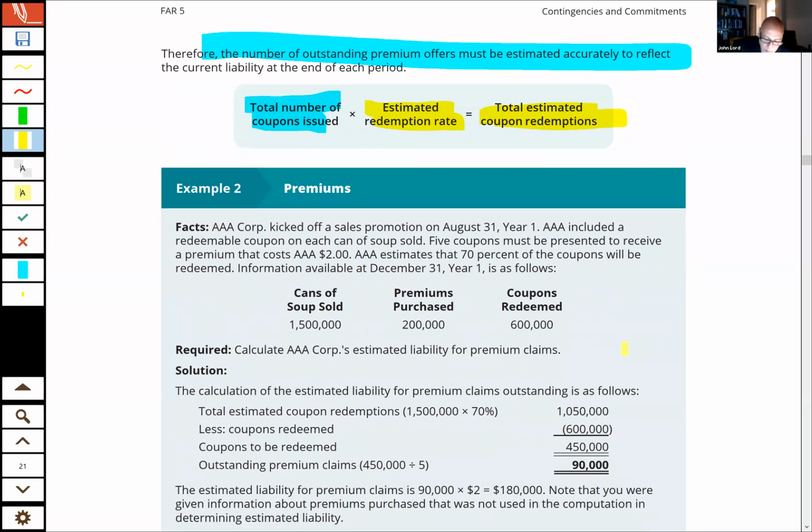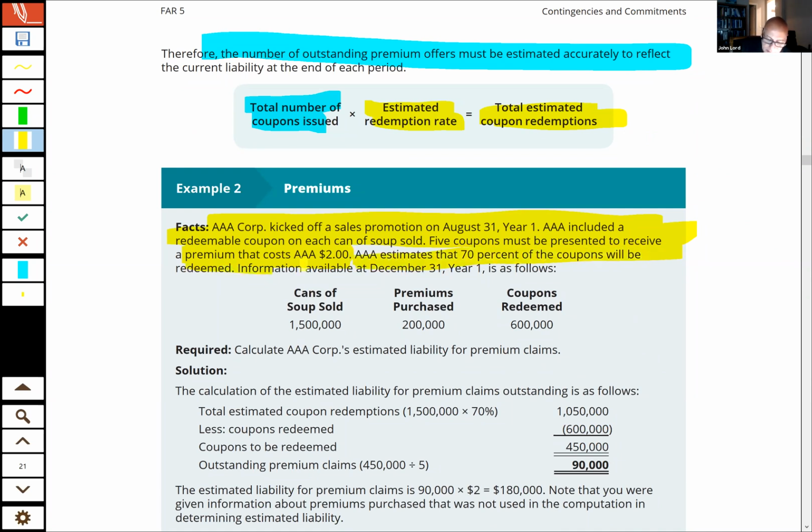So we've got AA Corp, which kicked off a promotion, including a redeemable coupon on each can of soup. 5 coupons must be presented to receive a premium item, a cup or something, and that cup costs the company $2 to buy or produce.